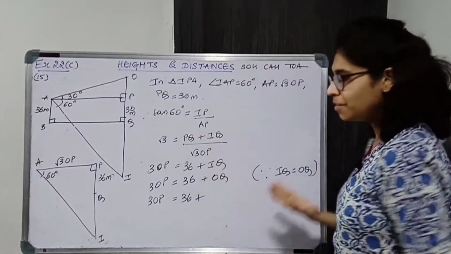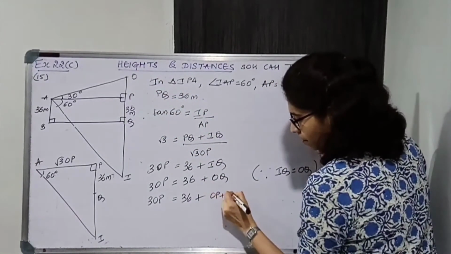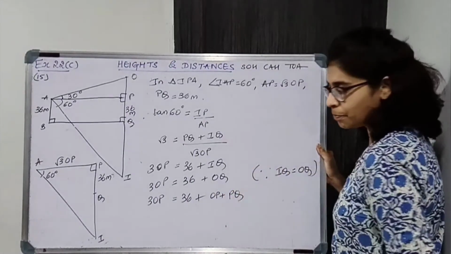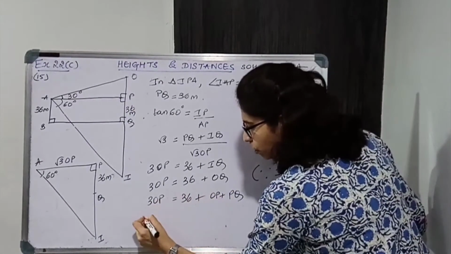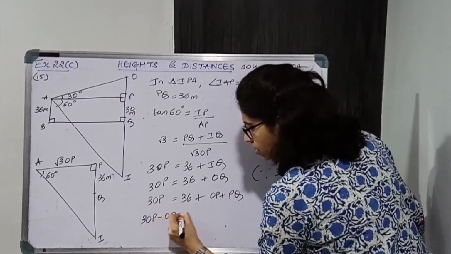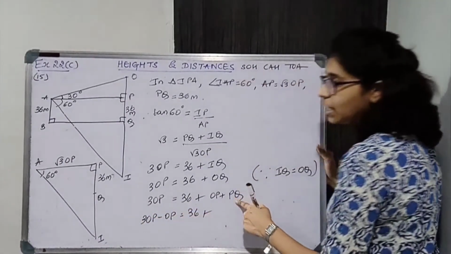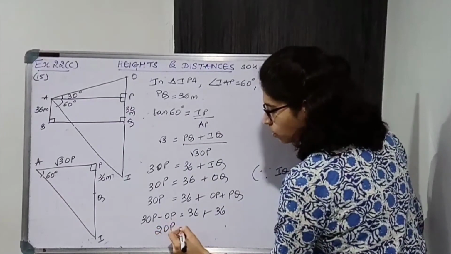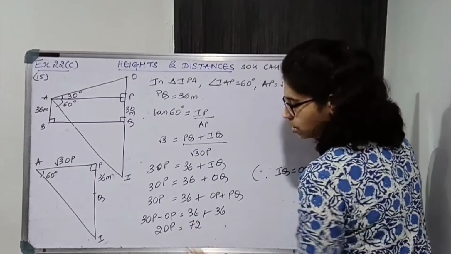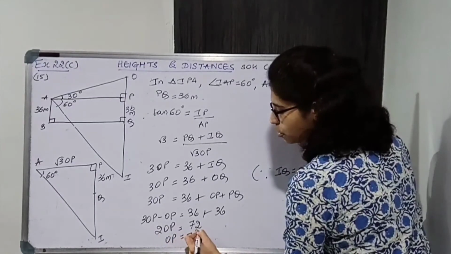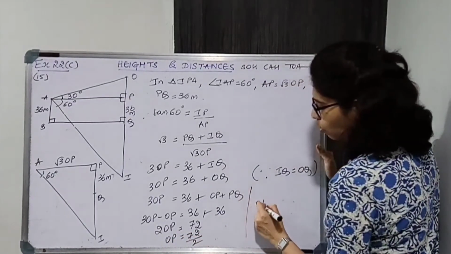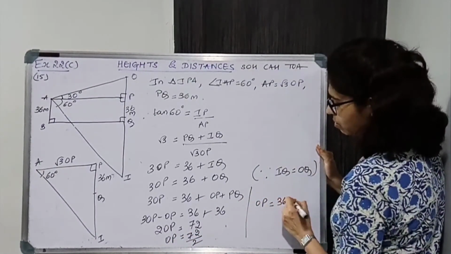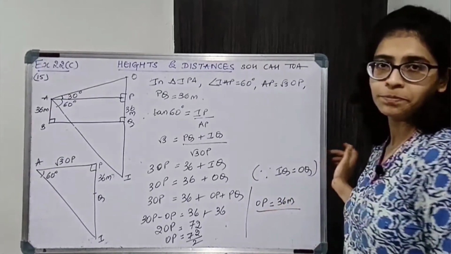So split it again. Shift OP over here: 3 OP minus OP is equal to 36 plus PQ, which is 36. So 2 OP is equal to 72. So OP is equal to 72 upon 2. So OP is equal to 36 meters. We found OP.